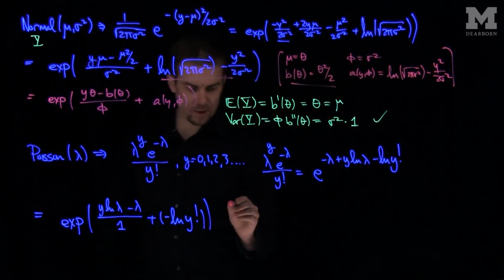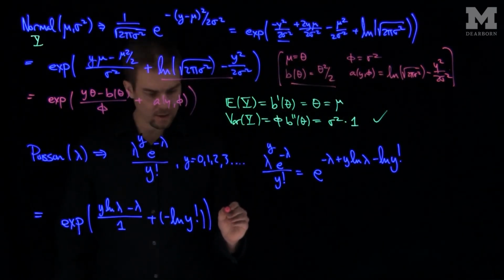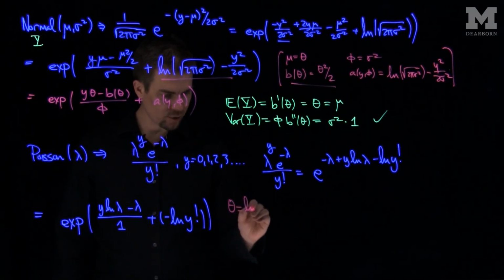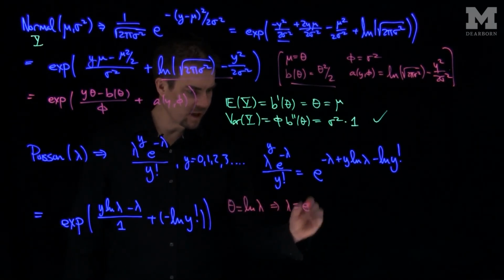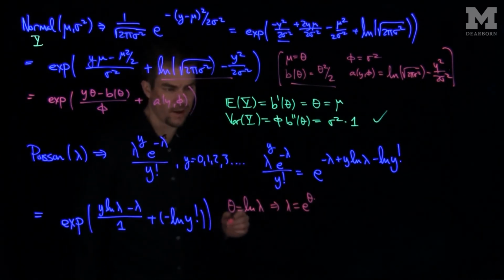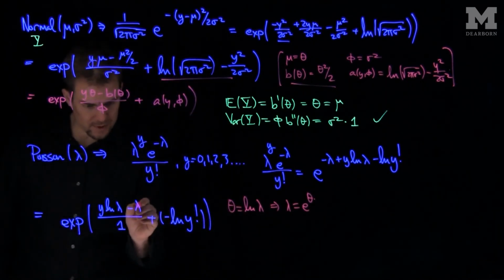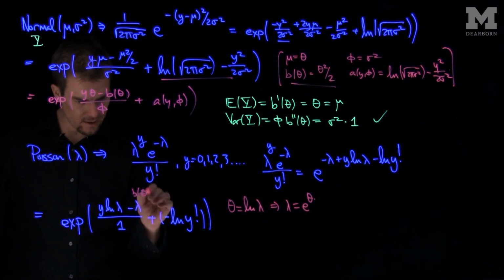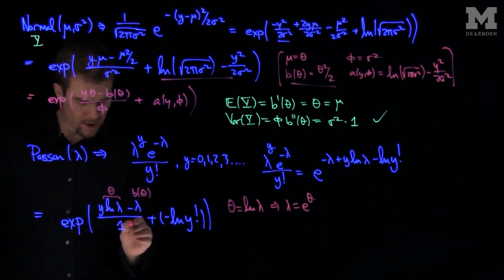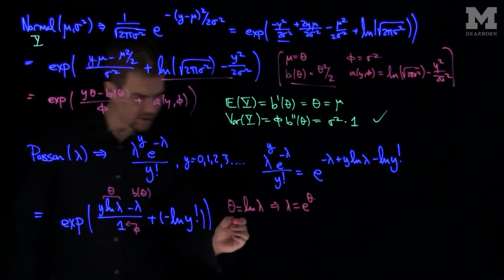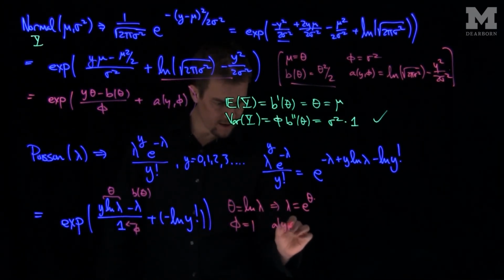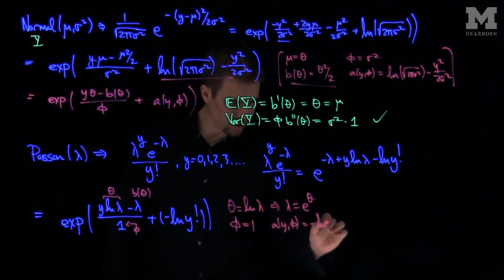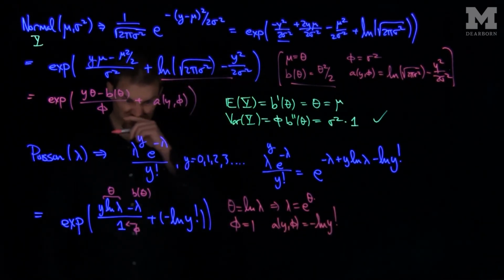What I'll do is I will let our theta over here be the natural log of lambda. So lambda is equal to e to the theta. And so this lambda is going to turn into my b of theta, and this over here will be my theta. My phi will be equal to 1. We'll set phi equal to 1. And then my a of y phi will be negative natural log of y factorial.